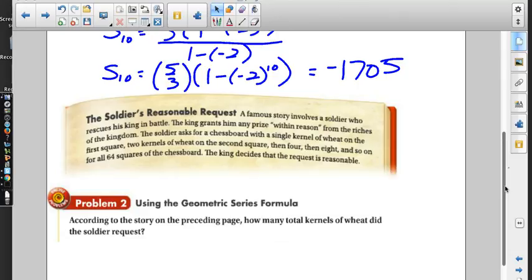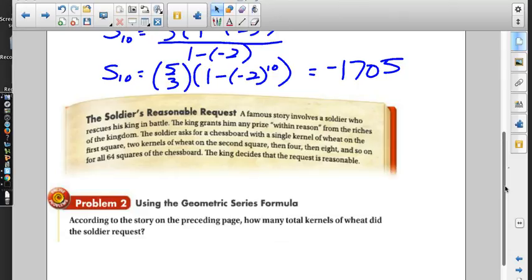So, within reason, from the riches of the kingdom, the soldier asks for a chessboard. A single kernel of wheat on the first square, but then he wants the king to double that for every square on the chessboard. So the first square gets 1, then 2 kernels, 4, 8, and so on for all 64 squares.